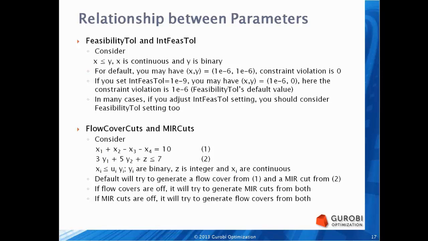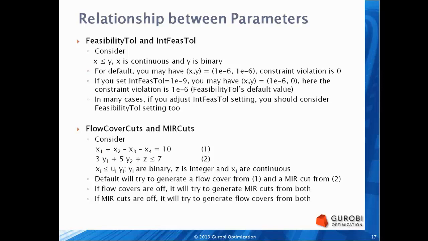Now our code by default will only try flow cover from constraint 1, and will try MIR cut from constraint 2 because it has a general integer. And then if you turn off MIR, it will try flow cover on both constraints. If you turn off flow cover, it will try MIR on both.